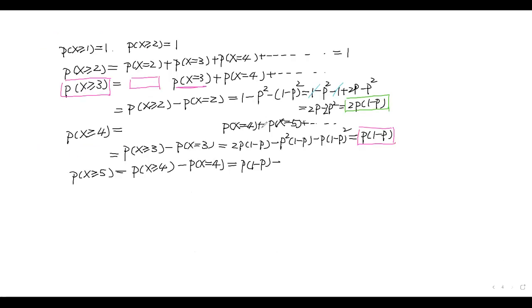So this is minus p cubed (1 minus p) and minus (1 minus p) cubed times p. Then you do your algebra, you FOIL that out and simplify it. You will get 2p squared (1 minus p) squared.